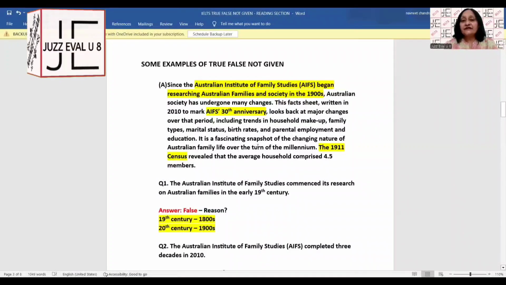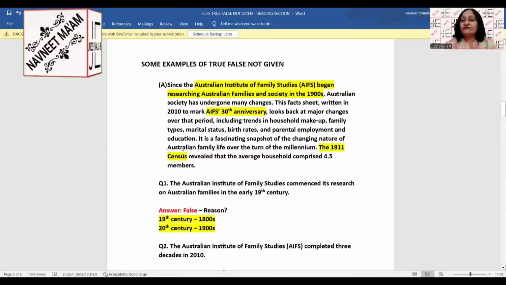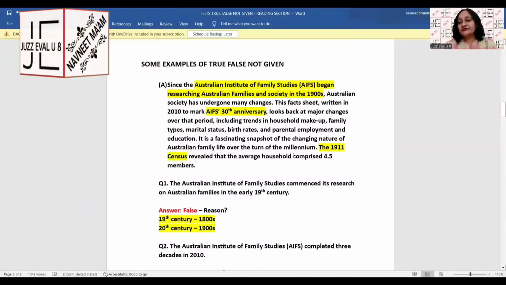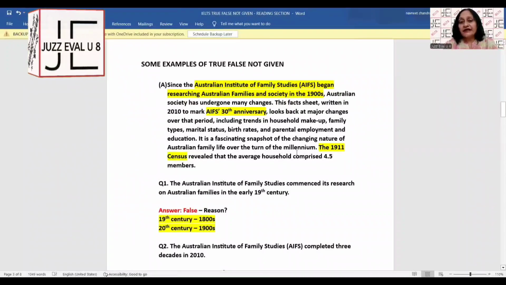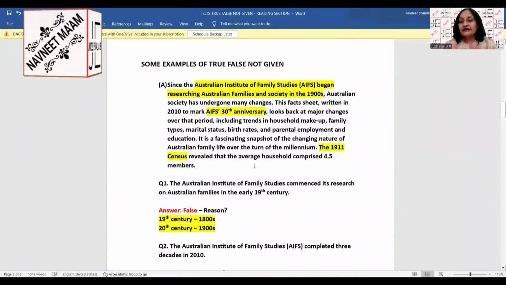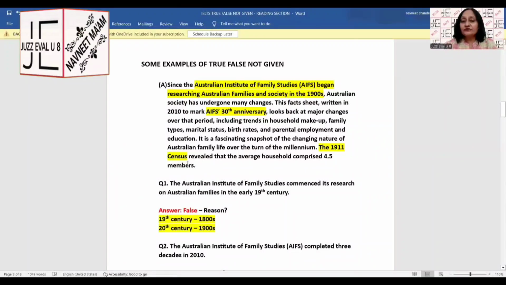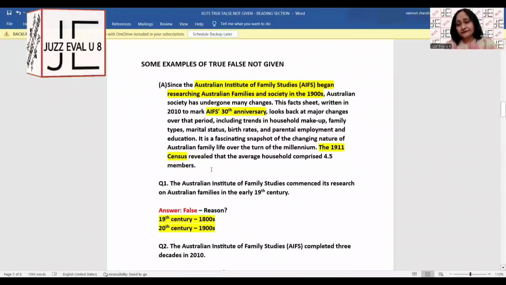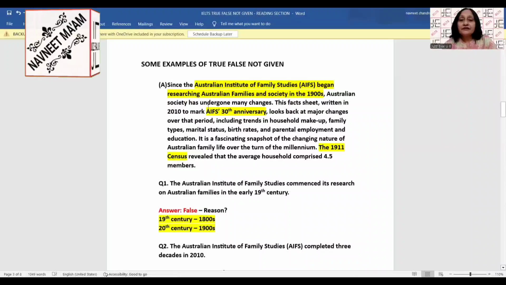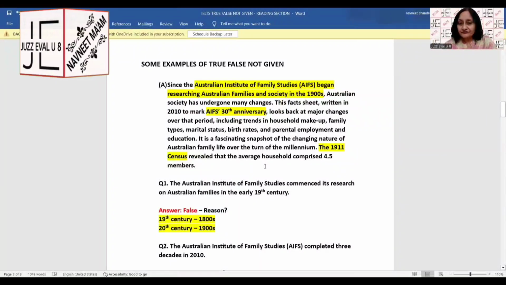And it is a fascinating snapshot of the changing nature of Australian family life over the turn of the millennium. The 1911 census revealed that the average household comprised 4.5 members.